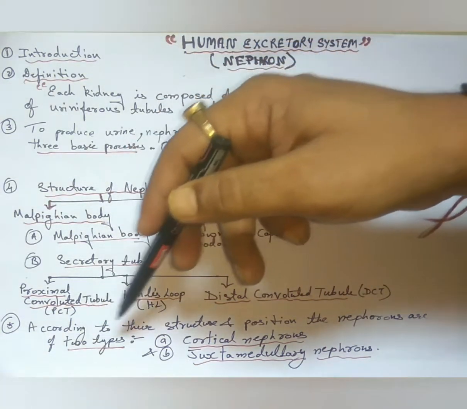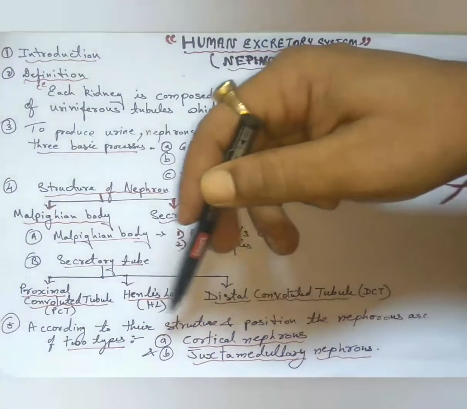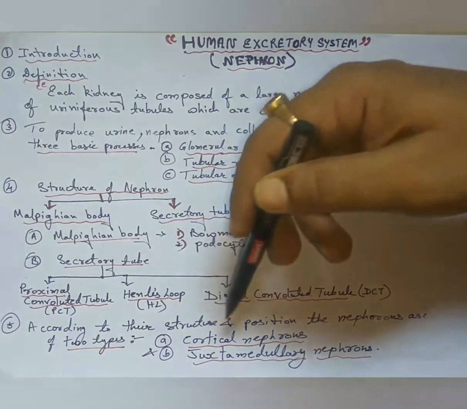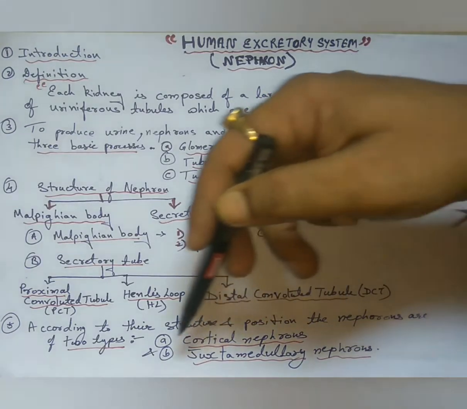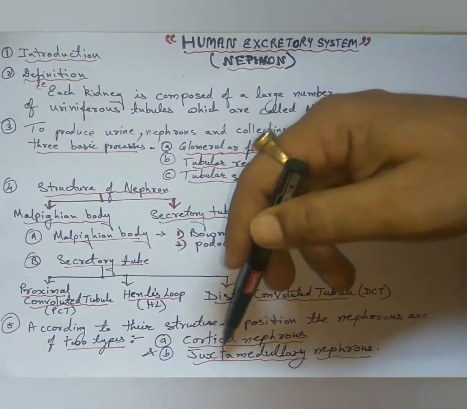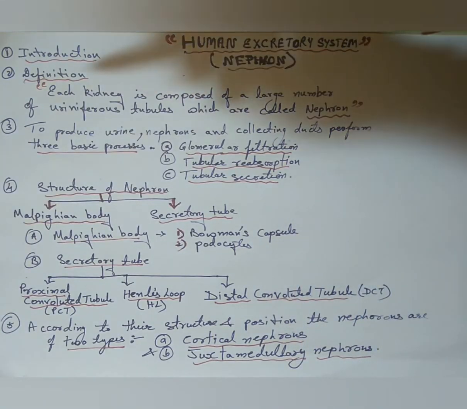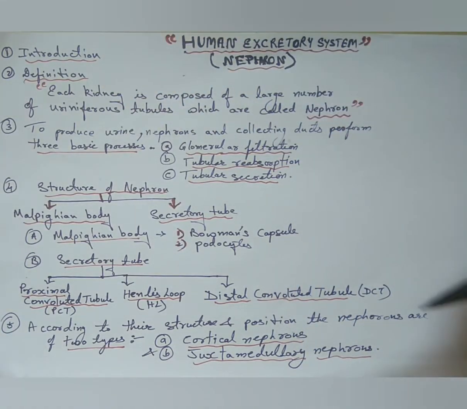And lastly, by the help of structure and position, nephrons are divided into two types: cortical nephrons and juxtamedullary nephrons.